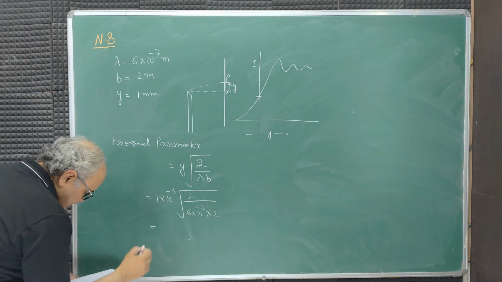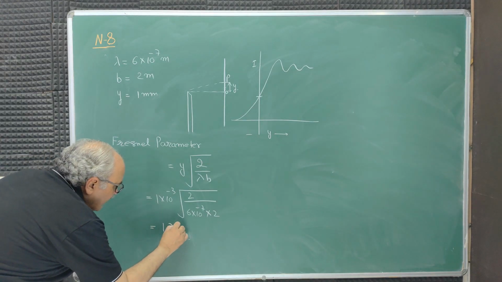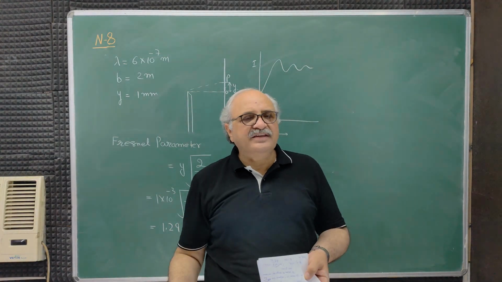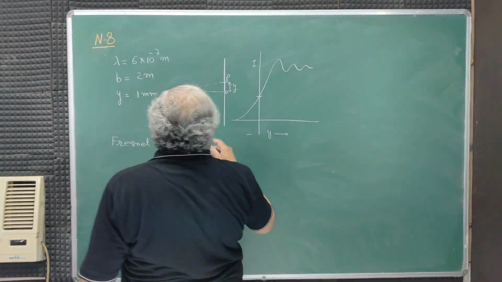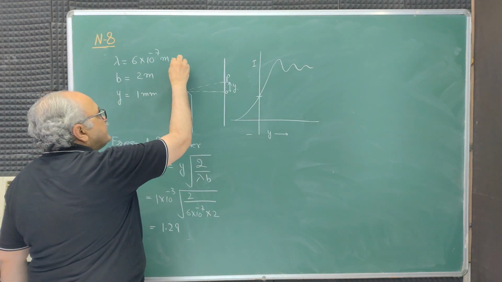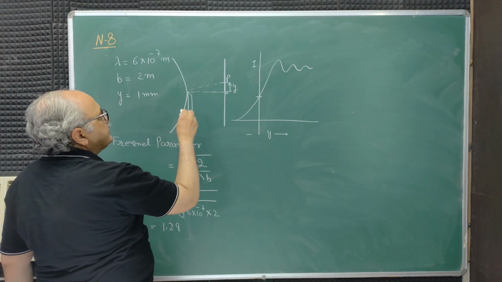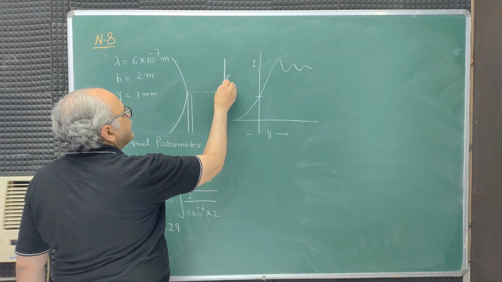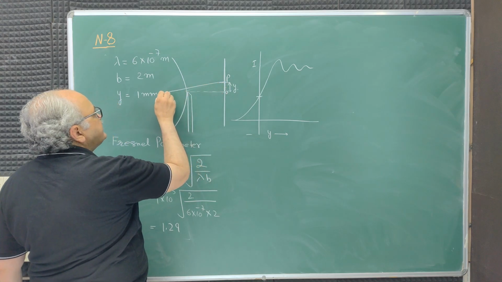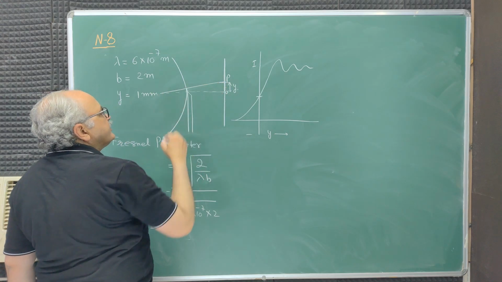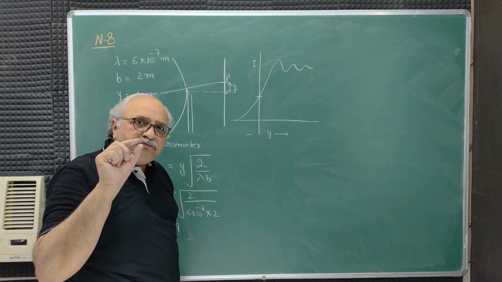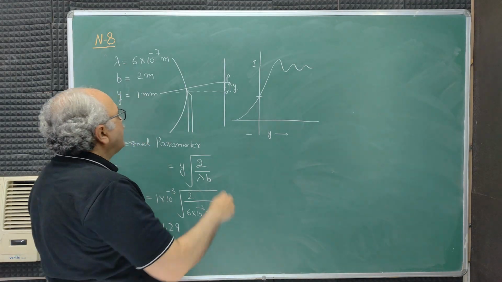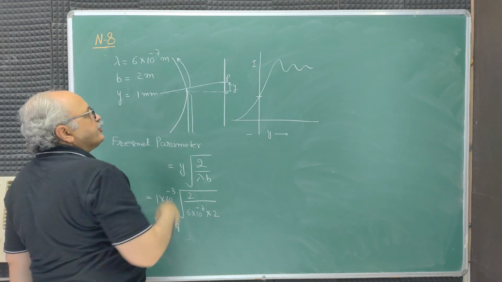If we calculate this, we get the value 1.29, which can be understood like this: when we are at this particular point, from the central portion of the wavefront, right at this point, if I join this origin, in this portion we are getting few half period zones contributing, although this whole upper part is also contributing.